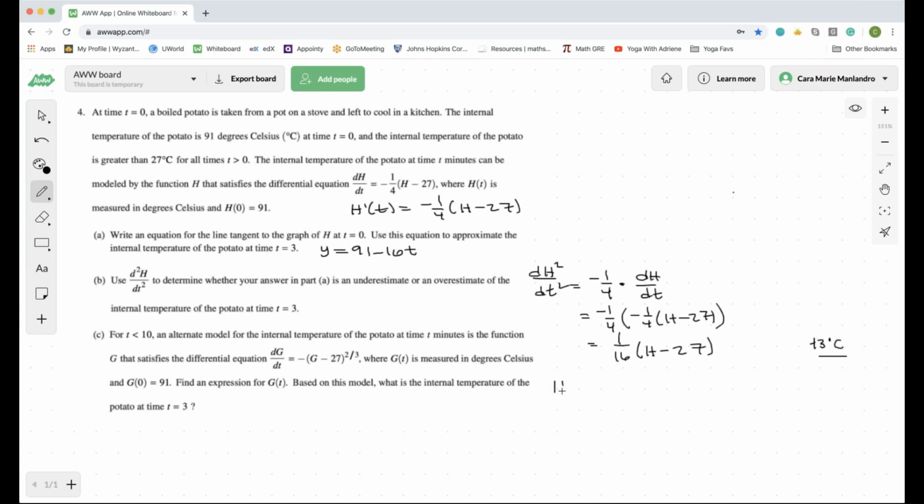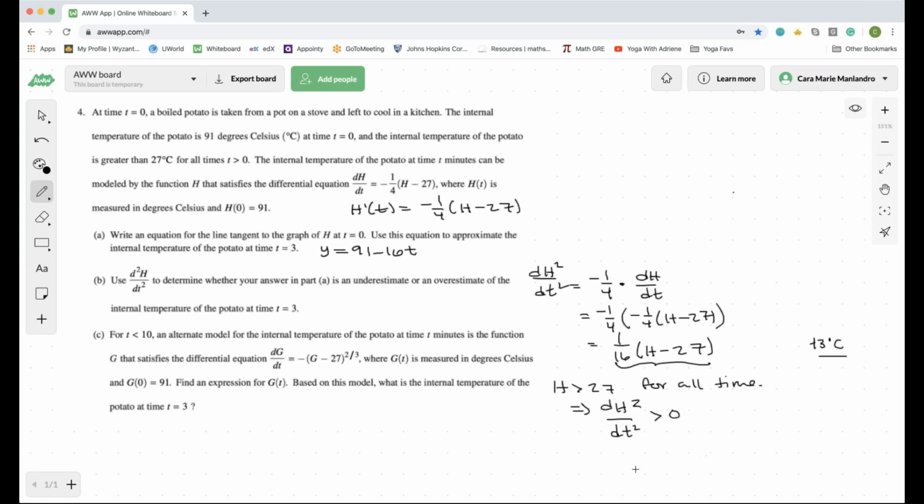So we know that h has to be greater than 27 because they told us that for all time, right? And so what does that mean about this? This means that this is always positive, right? So therefore, d²h/dt² is greater than 0.